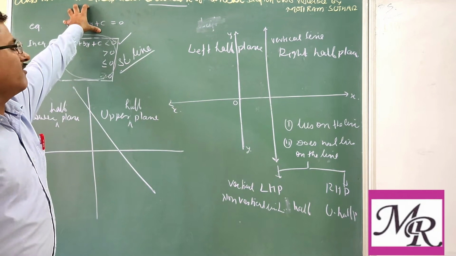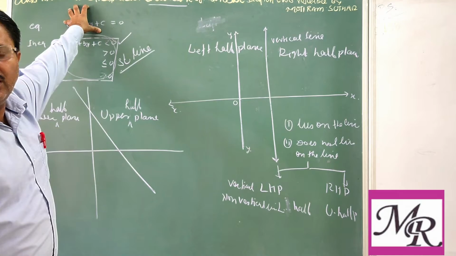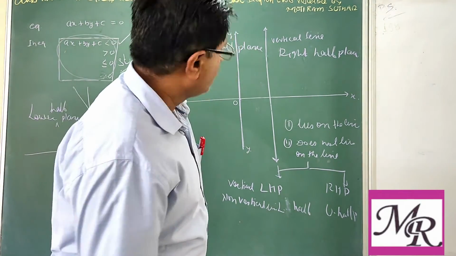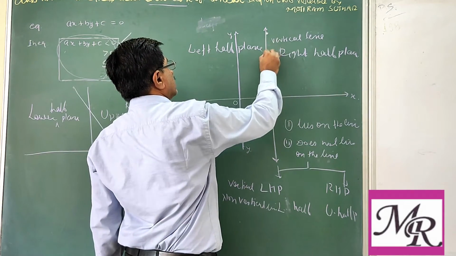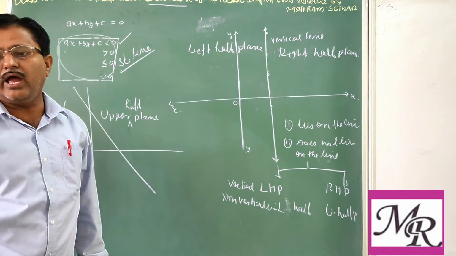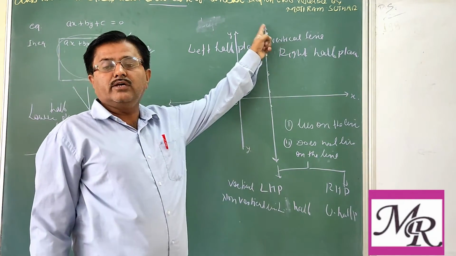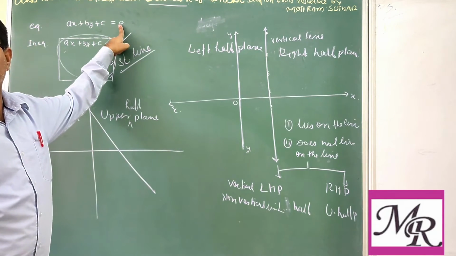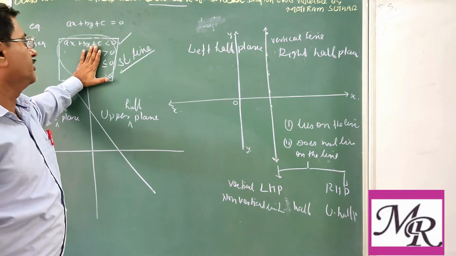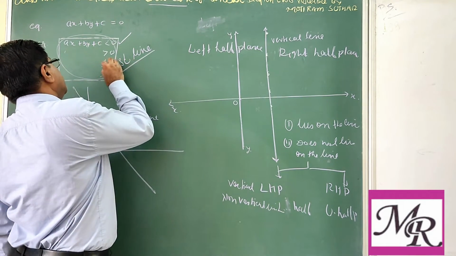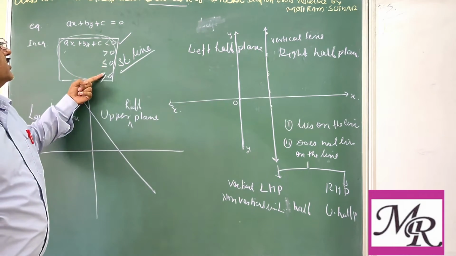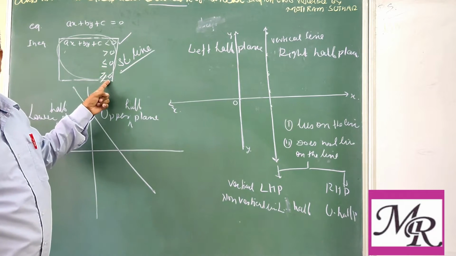It means when we are finding the solution of an equation, the point always lies on the line. Every point of the line is a solution of the equation. But when we are discussing inequalities, whenever there is an equal to sign, it will be an equation as well as an inequality.